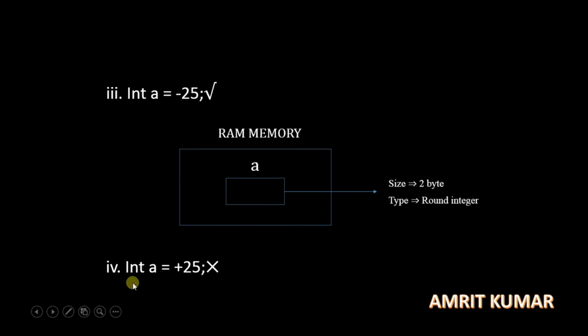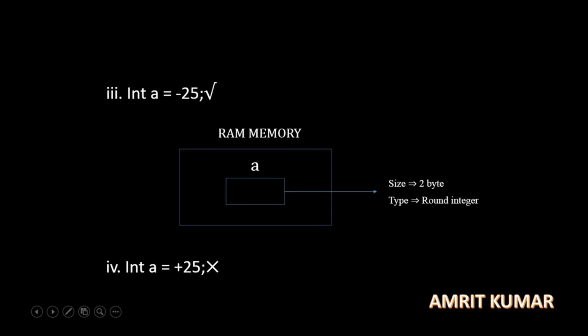So here, for example number 4, int a equal to plus 25. Here we are allocating memory in the RAM of integer type whose size is 2 bytes, but it is not going to be allocated in the memory. Why? Because of this plus sign.